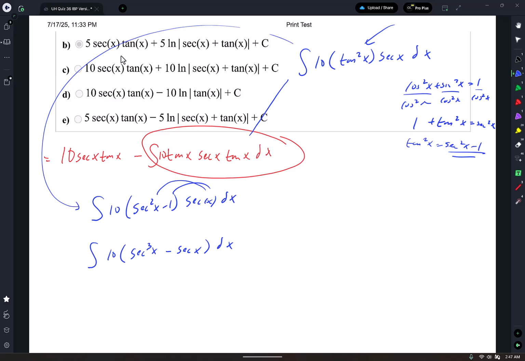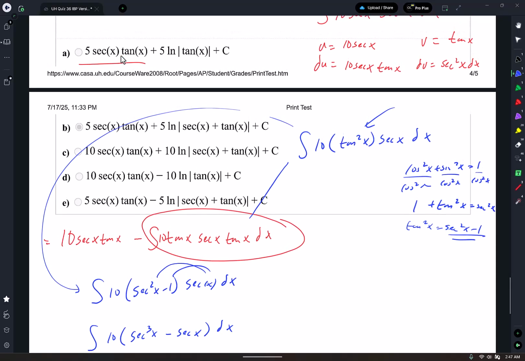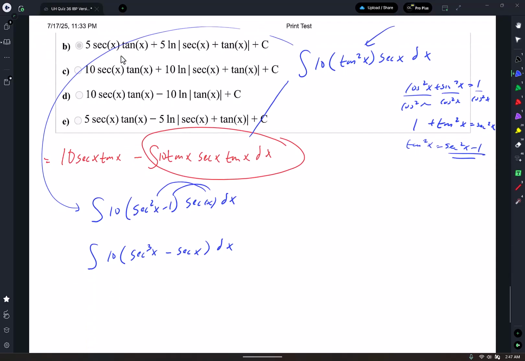And so now, I'm going to put the 10 on the outside, guys, and we're going to separate this into two integrals. So I'm going to write it as secant cubed x dx minus the integral of secant x dx.